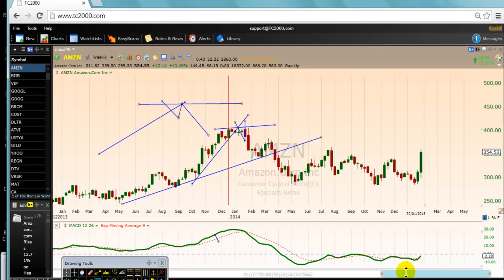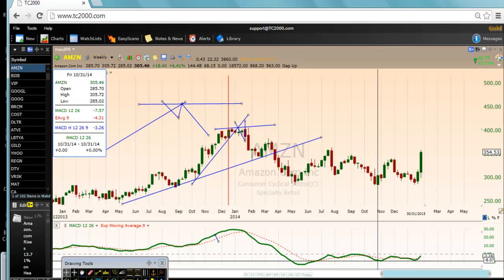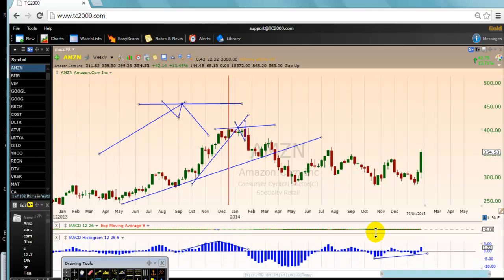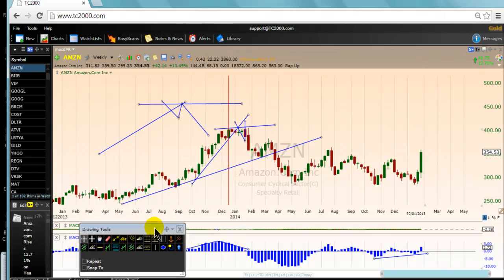See, the MACD itself is displaying a double bottom here. So it's warning us that this is a bullish divergence for MACD itself, not the price. So all we can say at this point is to keep our eyes on the price itself, which we are trading. We are not trading MACD.